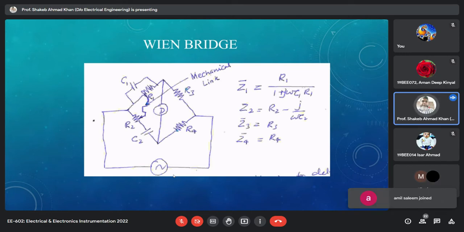If you are having more than one frequency, harmonics present in the excitation, then obviously at a time you can balance the bridge for one frequency only. If you are having more than one frequency in your supply, then you won't be able to balance the bridge.